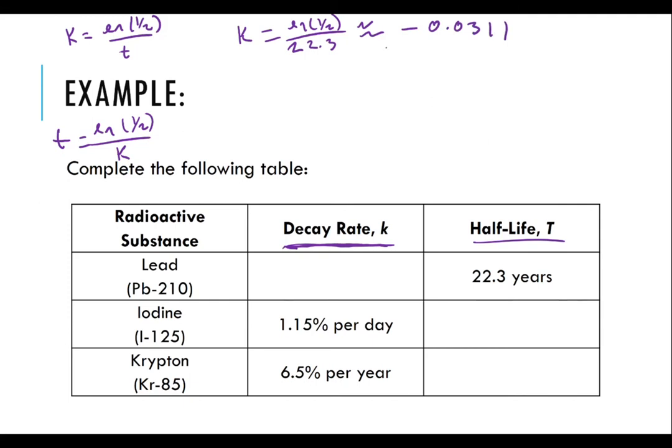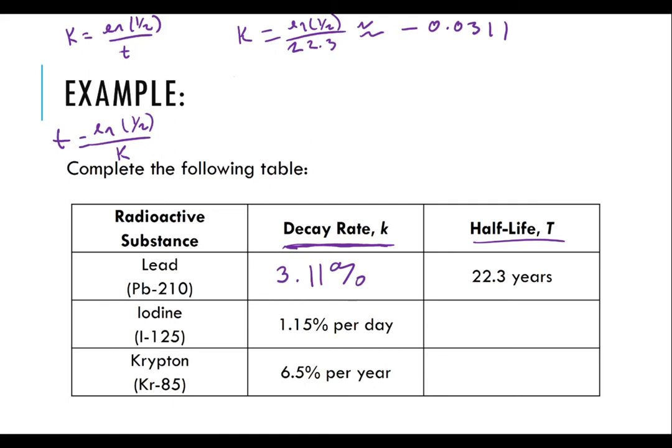Now notice that this is negative because it's decay, and so if you were to put this into the equation a times e to the kt, it would have to be a negative k. But here they're calling it decay, so we're not going to write the negative because it's implied. And so the percentage for our decay rate is going to be 3.11%.